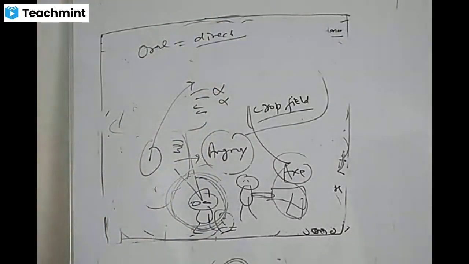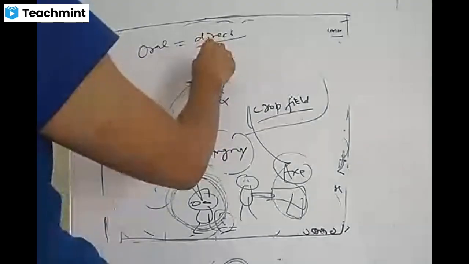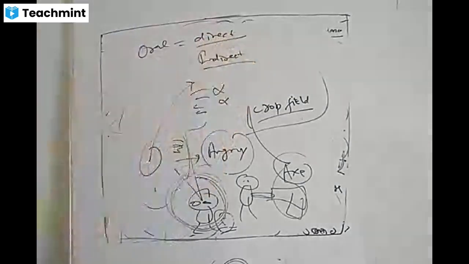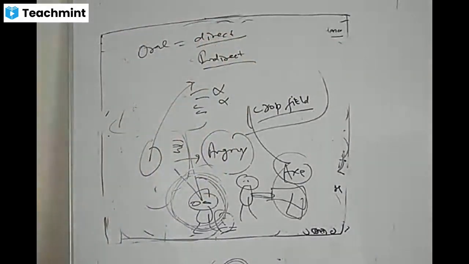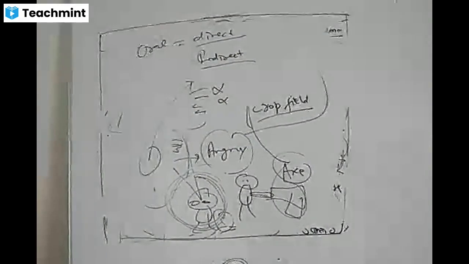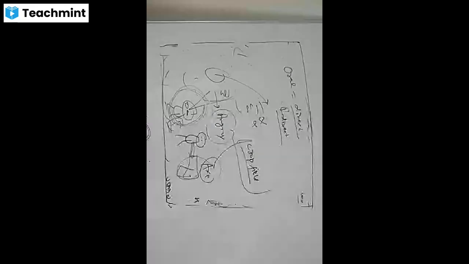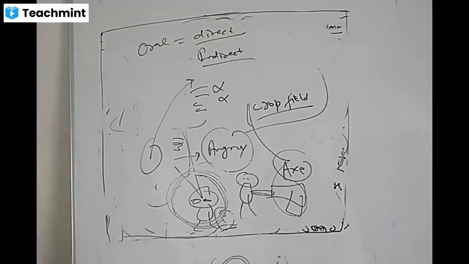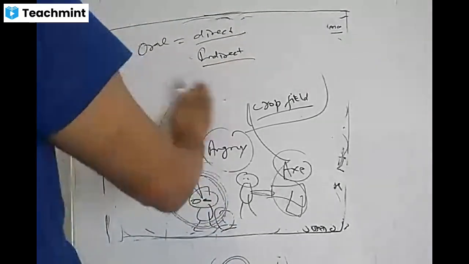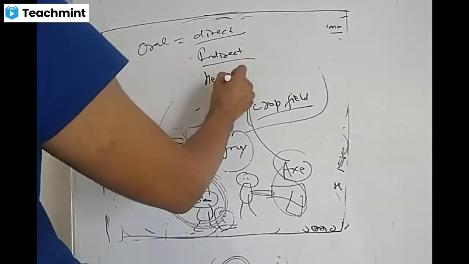But in case of indirect... So oral evidences may be direct, indirect, and third is hearsay.